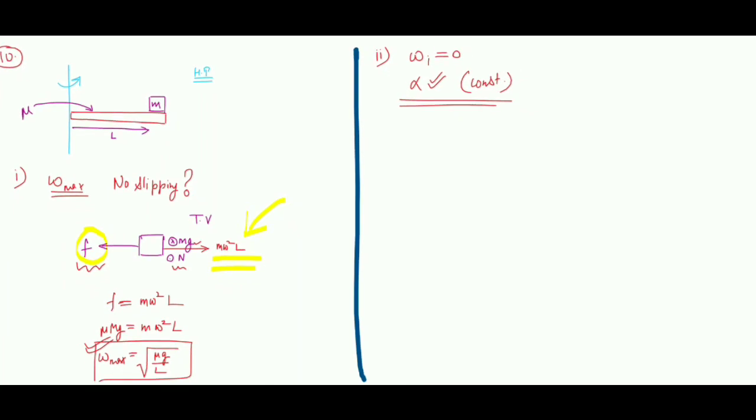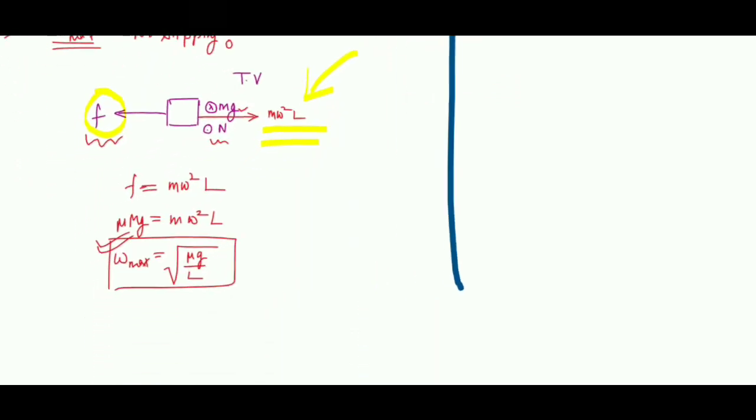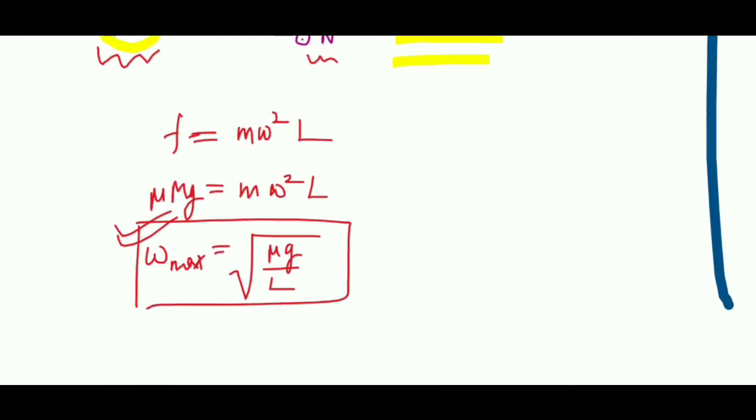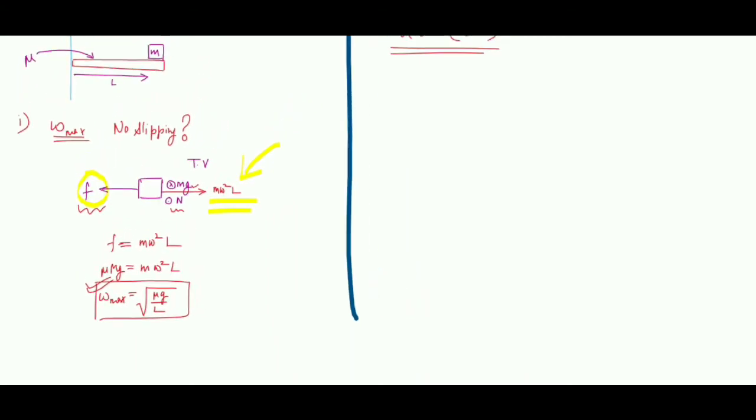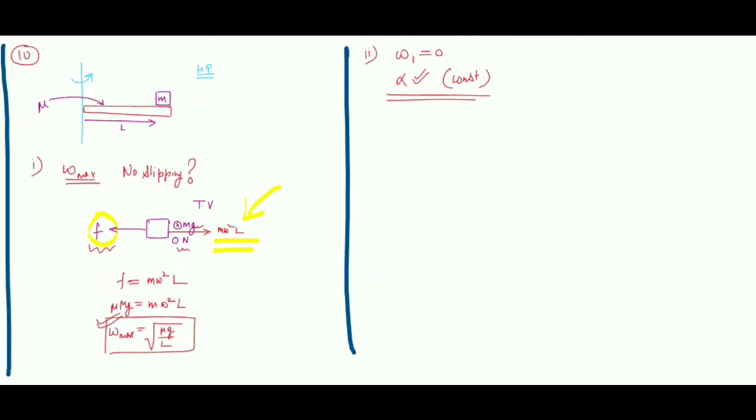Now, first of all, the omega for which it will start slipping will not be the same as this. Right now, you might feel that it will be the same, but after the answer is there, you will be sure that it is not the same. But right now you should be able to feel that the answer will not come the same.